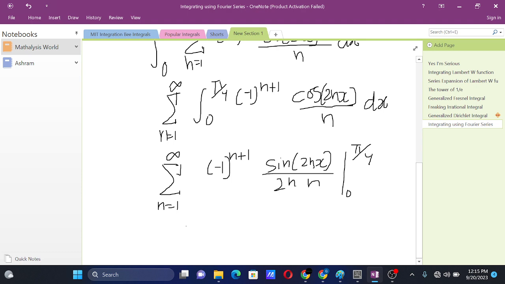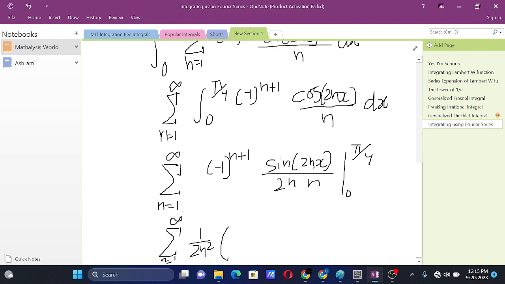And then we'll evaluate with our function in the limits. So we can just first take these constants out, 2n square. Now at pi by 4 we will have n pi by 2.